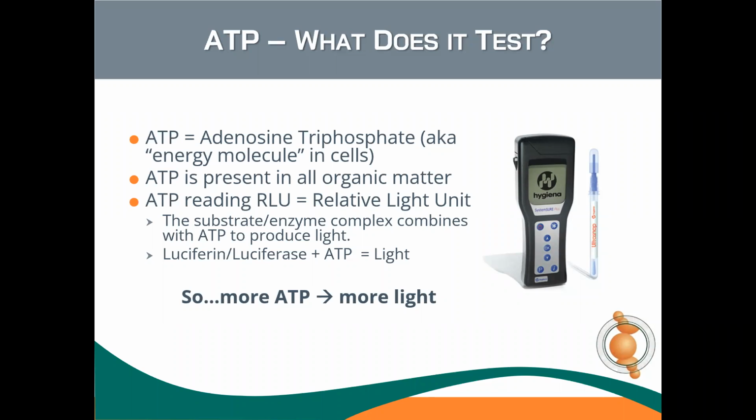So following this process, more ATP means more light is processed through this luminometer that I have here. Luminometers, like this one pictured, are used to quantify the amount of light produced from a swab sample that was taken. This allows for acceptable limits to be set for your process, and it also enables data trending over a period of time. This is a great tool to validate your sanitation program.